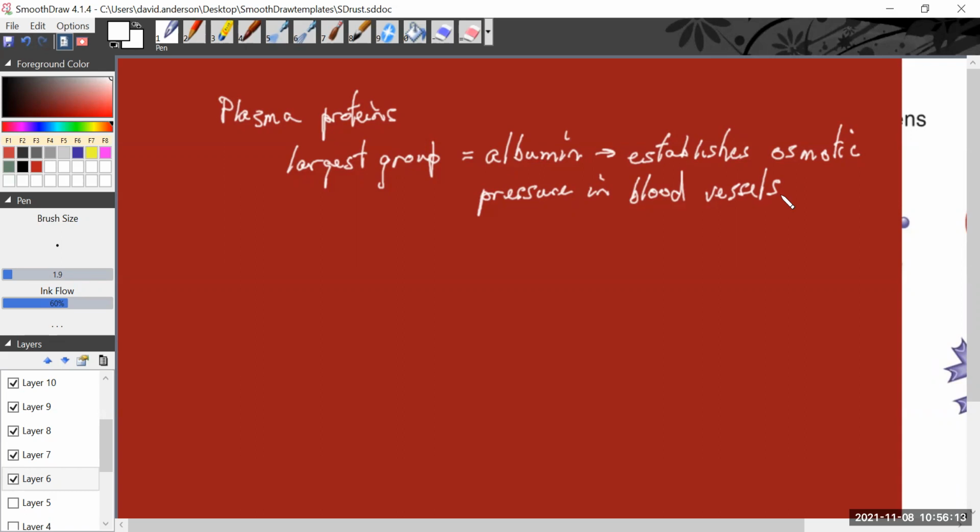So that's an important function of these blood vessels. The capillaries are leaky, and the blood pressure will force everything out of the capillaries except these plasma proteins and what we call whole cells, red blood cells and white blood cells, typically. And we're going to be talking about those in a few more minutes. So the important role for these plasma proteins is to establish this osmotic pressure, because that's what's going to ensure that the water that was forced out initially in the capillary will be drawn back in after the exchange has occurred.